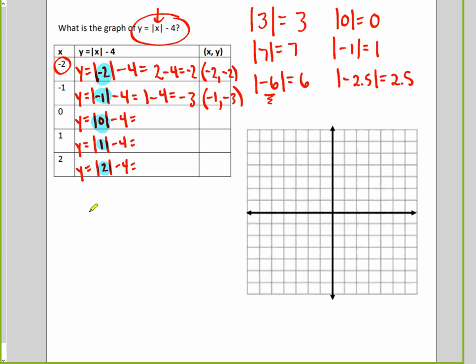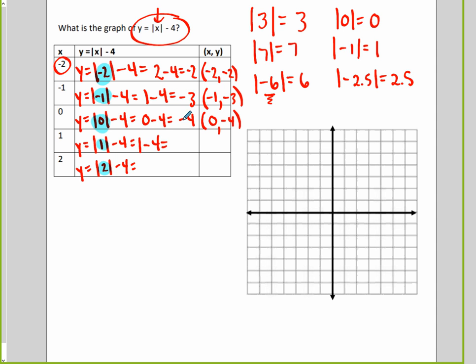So here we go. We need 0 minus 4. That's negative 4. So when I put 0 in, I get negative 4 as my output. Now we're going to get 1 minus 4. Hey, look, it showed up again. We got negative 3.